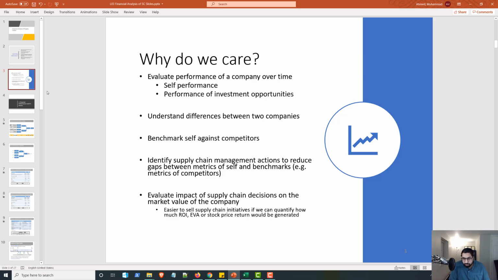It'll be easy to get the top management on board for such an initiative. So this is very useful because you can then look at your actions as a supply chain manager and then relate them to the ROI, return on investment, economic value add, the stock price of the company.